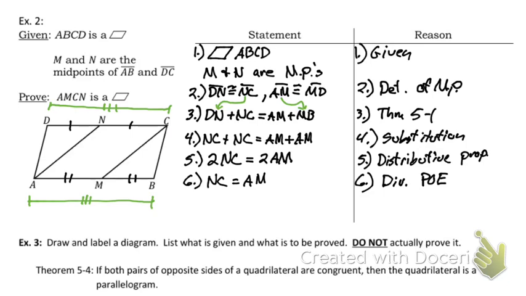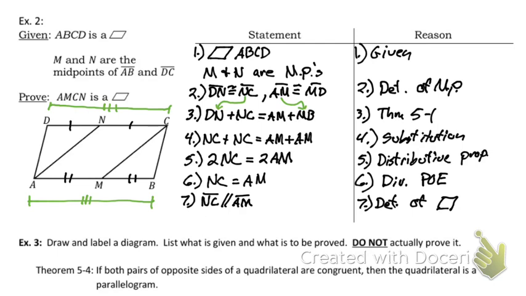Yep, absolutely. Instead of putting AB and DC, I'm actually going to put the segments of it. I'm going to put NC is parallel to AM. If you put DC and AB, it doesn't change this at all. It'll be the same steps. And that is just definition of a parallelogram.